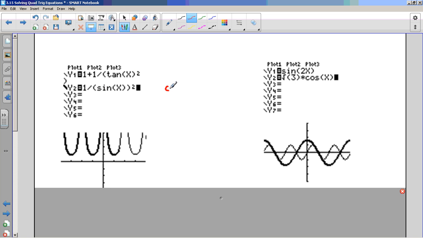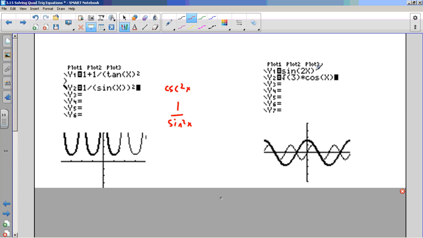Remember, there's no cosecant button on the calculator, so for cosecant x, I had to put in 1 over sine squared x. But again, that 2's got to go on the end. So I graphed that, and look, a complete match, a complete copy. In fact, I took a screenshot while this second bold one was coming in, and I can see that this indeed is the identity because it's true for all variables, or at least it looks like it. That would give us strong evidence that probably this one's the identity.